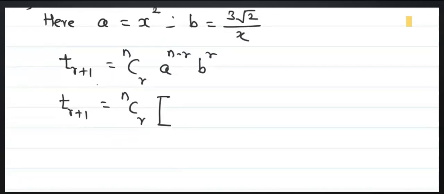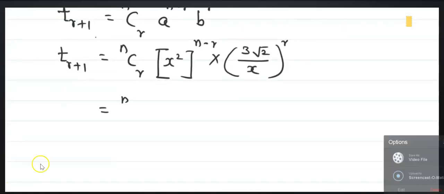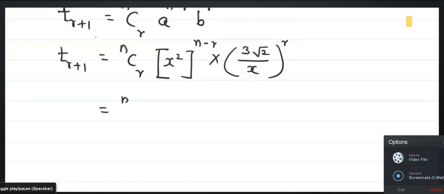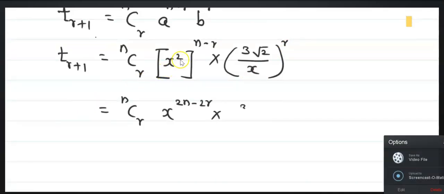We substitute the values: nCr (x square) raised to n minus r, (3 root 2 upon x) raised to r. Now see this here, (x square) raised to n minus r means what? x raised to 2n minus 2r.